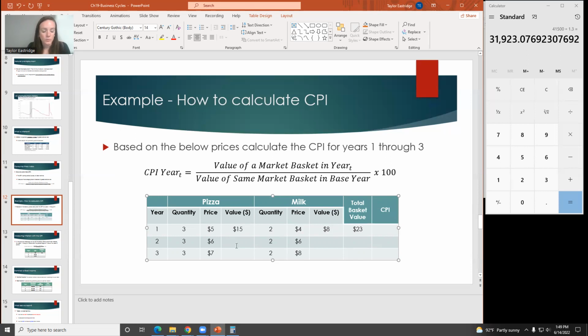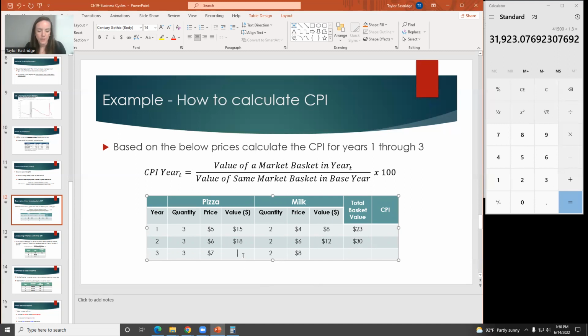In year 2, we're selling the same amount of pizza, but now we're charging $6, so the value is $18. In year 2, milk, we're still selling 2 gallons. Now we're charging $6 per gallon, so the value of milk in year 2 is $12, which means that our total basket value in year 2 is $30.